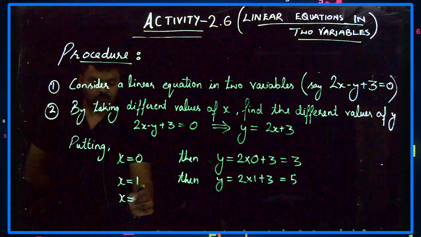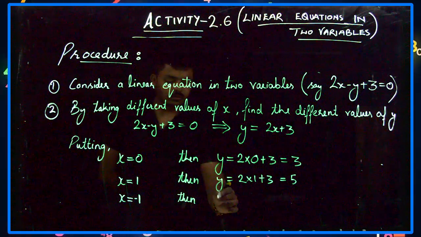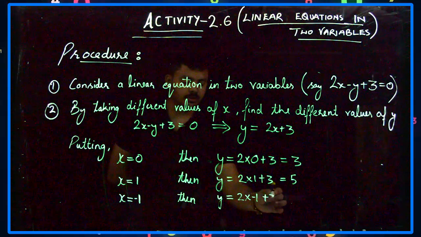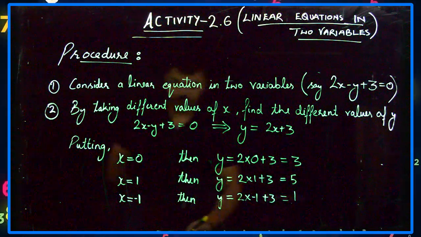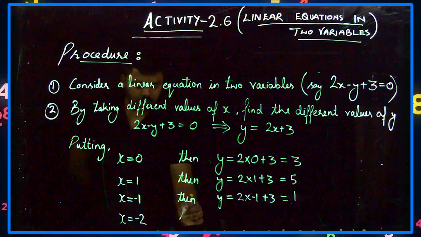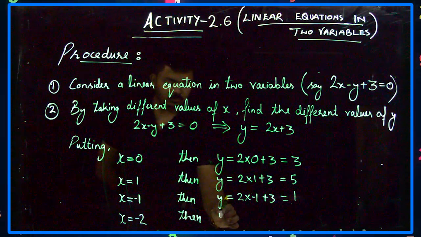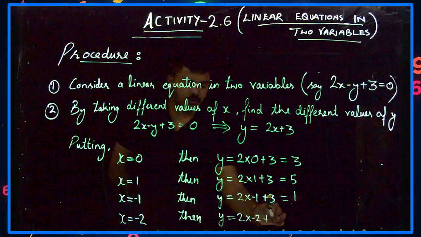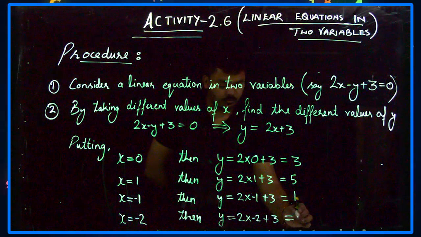When x equals to minus 1, then y equals to 2 into minus 1 plus 3 equals to 1. Now when x equals to minus 2, then y equals to 2 into minus 2 plus 3 equals to minus 1.